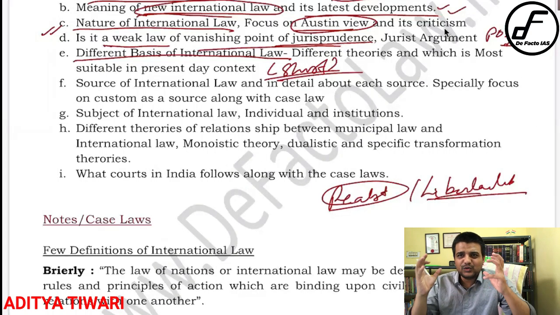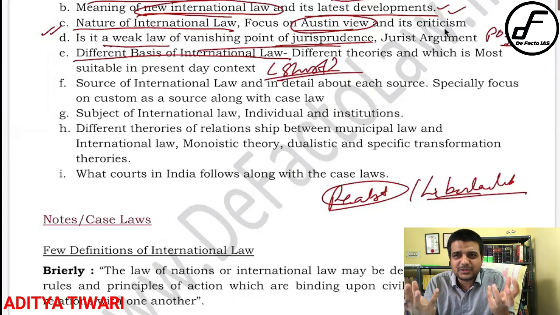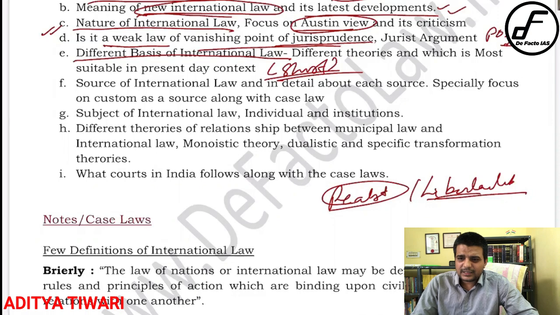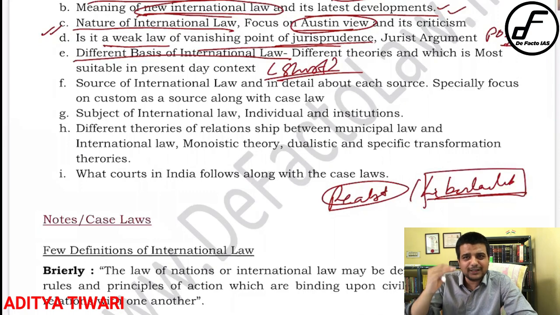Okay, so it means that two countries are not monolithic substances that are basically interacting with each other, but two countries are basically sets of different groups of people who are interacting with each other. Understood, right? So the liberalist view is that international law governs those sets of relationships.